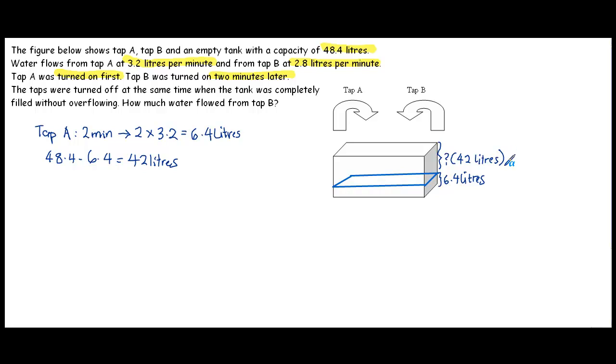After 2 minutes, both taps would be turned on, so we can find the total amount of water that would flow from both taps in 1 minute. So we have tap A plus tap B, and in 1 minute, the amount of water that flowed out is 3.2 plus 2.8, and this would give us 6 litres.